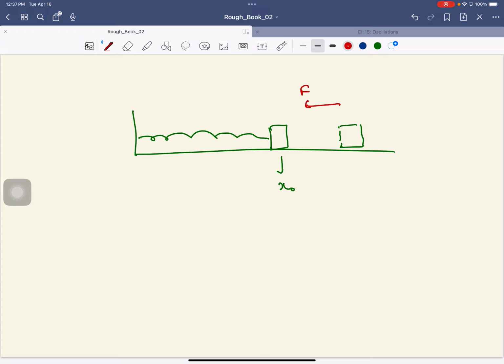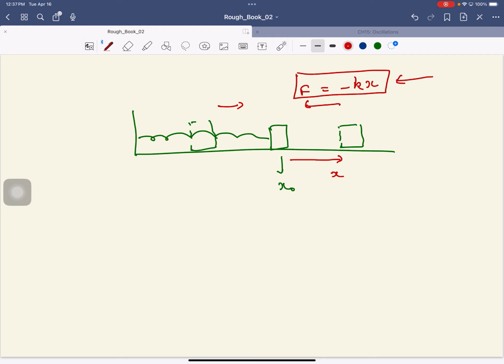And if I push the mass here, the restoring force is in that direction. Now the special thing about this force is, if the displacement is x, the restoring force is proportional to the displacement. And that's what we're studying.